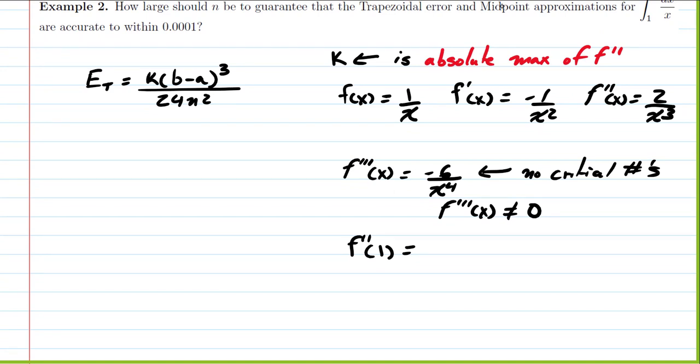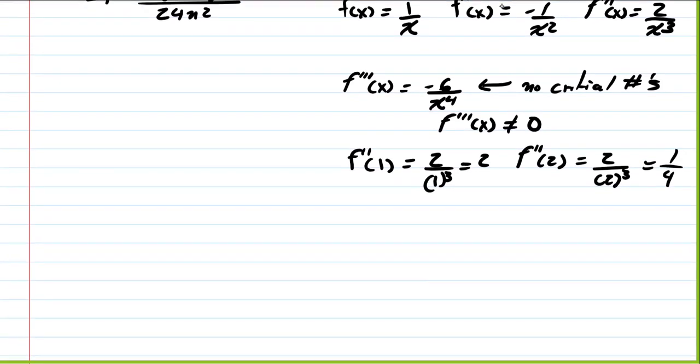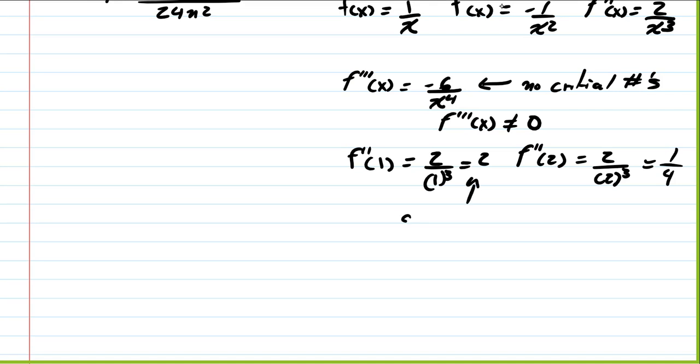So f double prime of 1 is going to be 2 over 1 cubed, which is 2. And f double prime of 2 is going to be 2 over 2 cubed, which is 1/4. So this is going to be the absolute max, and this is going to be the absolute min on the interval [1, 2].